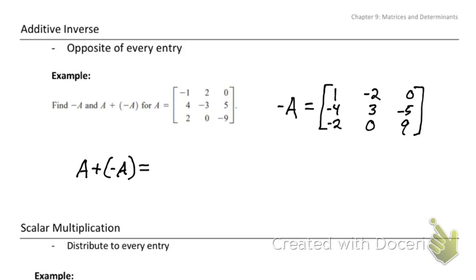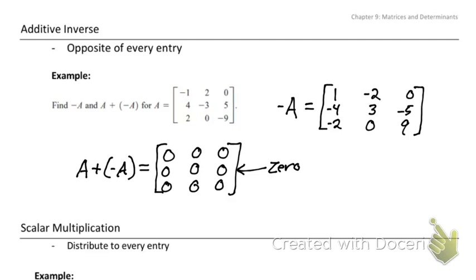So if I added these two things together, I would end up with a 0 up there. The next spot would be 2 minus 2, which is 0. 0 minus 0, which is 0. 4 plus a negative 4 is 0. And continuing on, you're going to come up with all zeros. And once again, that has a specific name that is called your zero matrix.